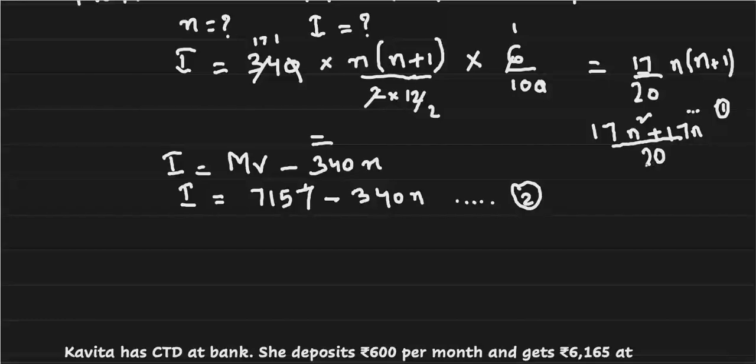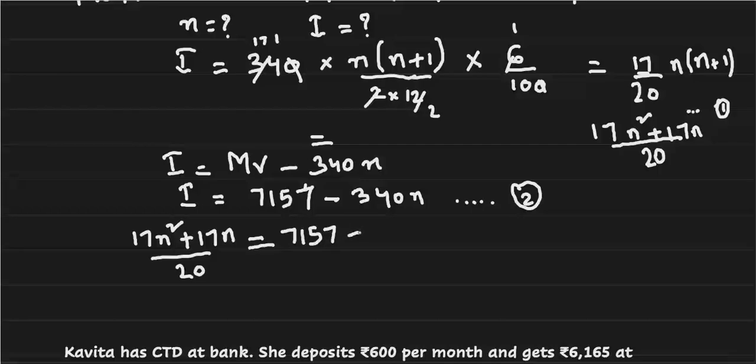So let's write 17n square plus 17n divided by 20 equals 7157 minus 340n.